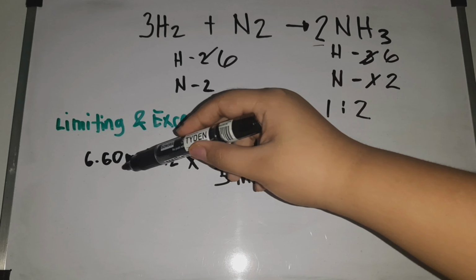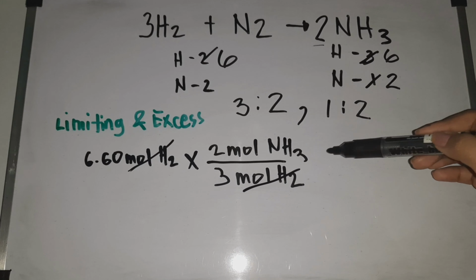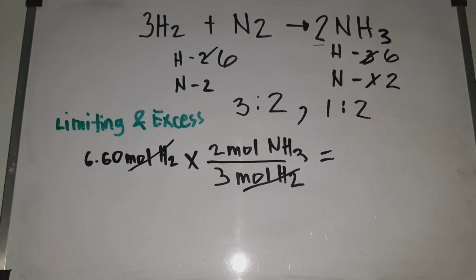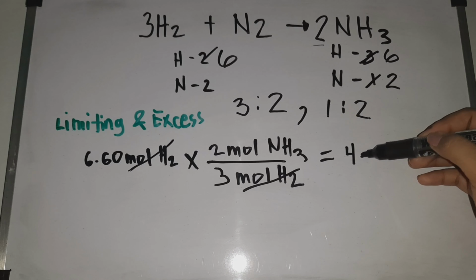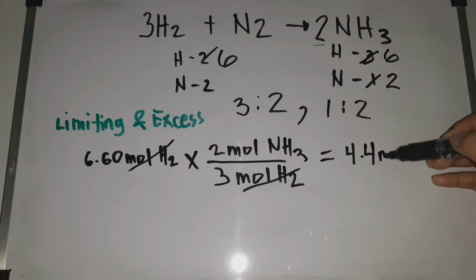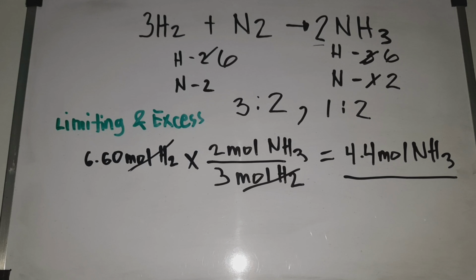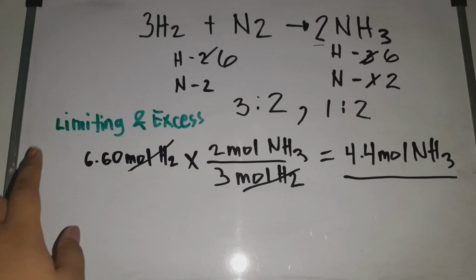So we cancel H2, therefore we now have the product NH3, and then 6.60 times 2 divided by 3, that will be 4.4 mole of NH3.